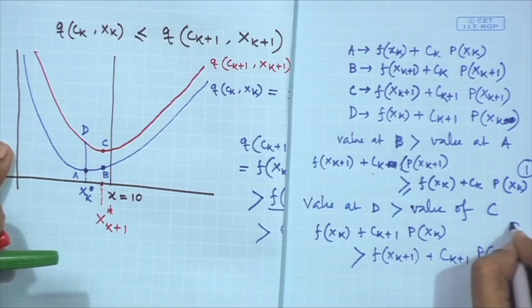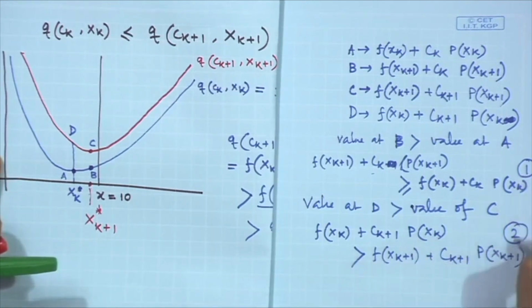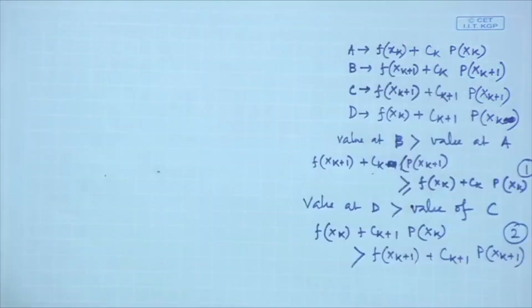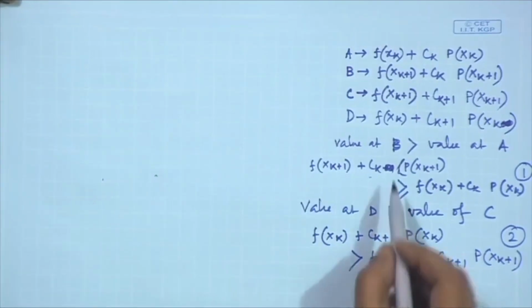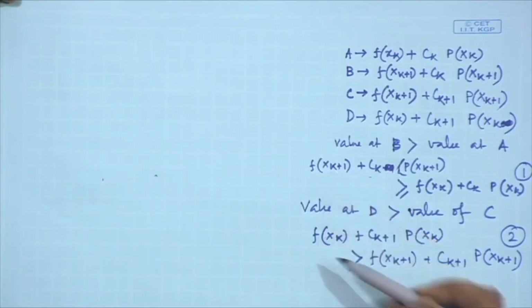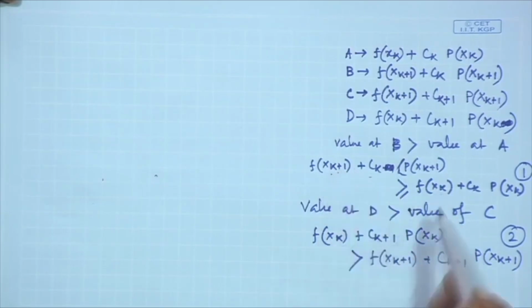Let me call it 2. Okay. Now, you add 1 and 2 together. If I add 1 and 2, what are we getting? You see, f(x_{k+1}) and f(x_k) will cancel each other.